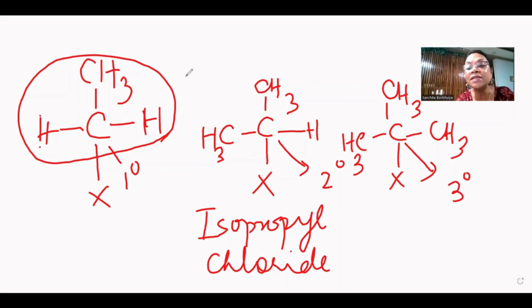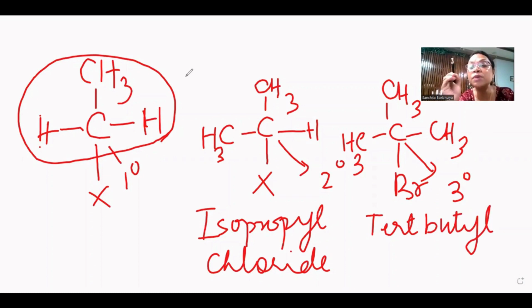Once again, if you replace the halogen with, say, bromine, this will be called a tertiary, in short, tert. The total number of carbons you have is 4. So it is butyl and then bromide. Do not mix it up with IUPAC names. The IUPAC names will come in the second edition of my video.